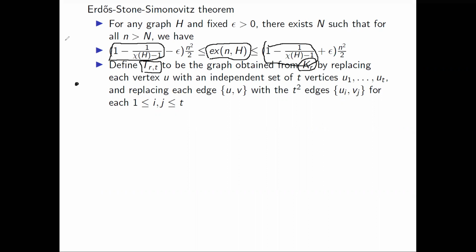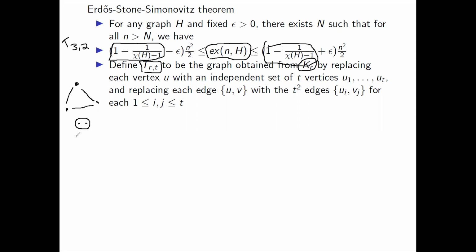So we'll take, let's say, T_3(2). So we'll start with K3. That's our K_r. And then we're going to replace each vertex with an independent set of vertices. So 2 vertices without an edge between them. Maybe let me draw them a little more evenly, horizontally.